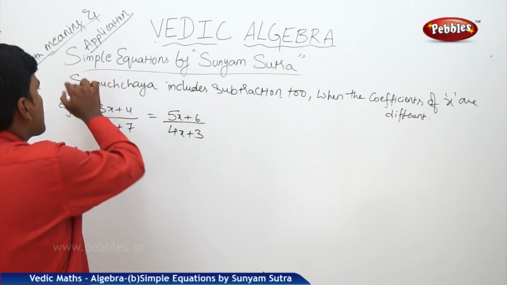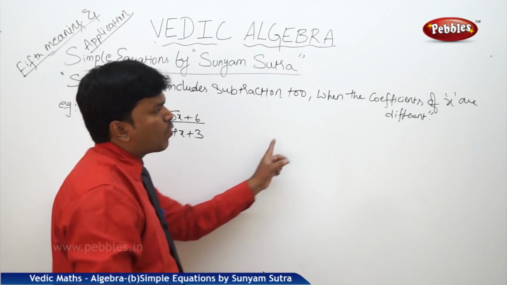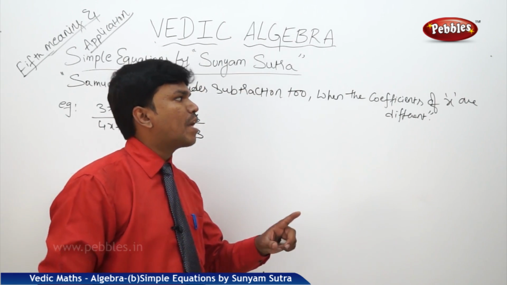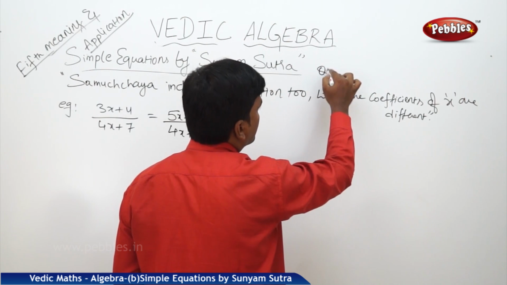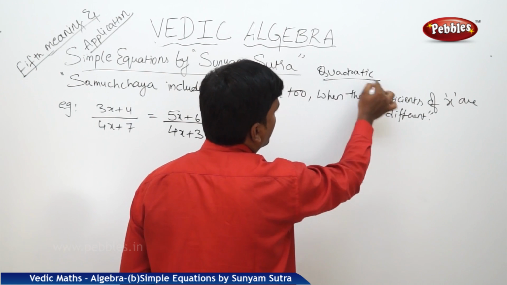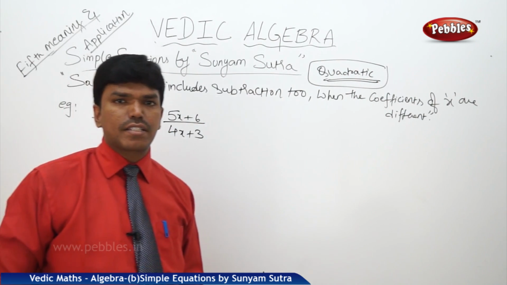Samuchaya includes subtraction too when the coefficients of x are different. At the same time I want to tell you one thing. This is especially in the case of quadratic equation. So this is for the quadratic equation, remember. Now let us solve one example in this context.